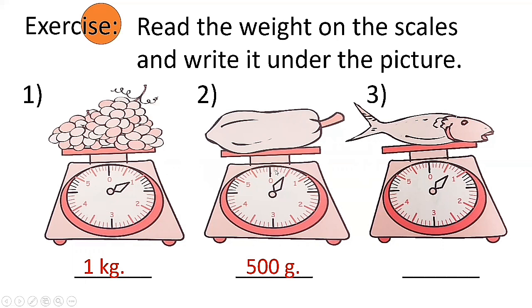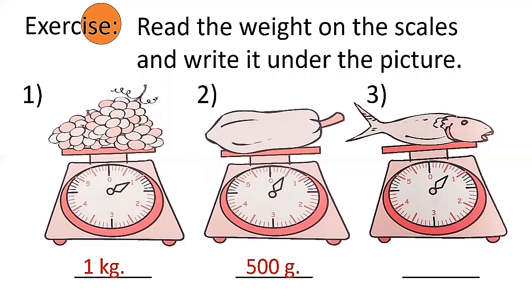Since each of these is equivalent to 100 grams, let's count by 100. 100, 200, 300, 400, 500. Okay, so the papaya is 500 grams.